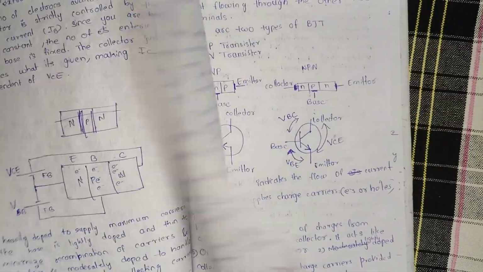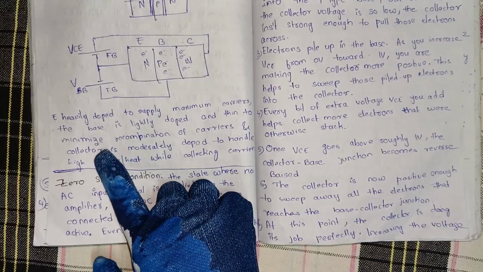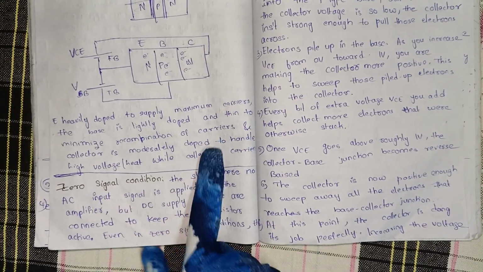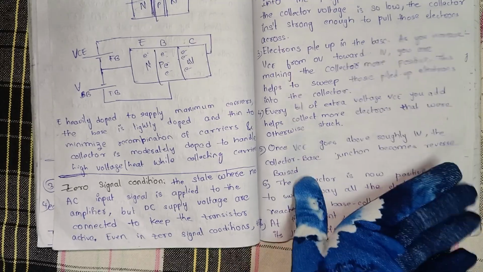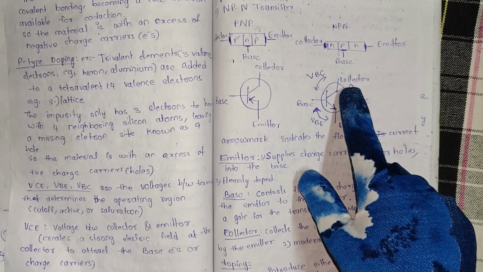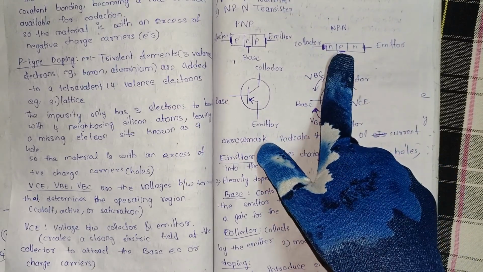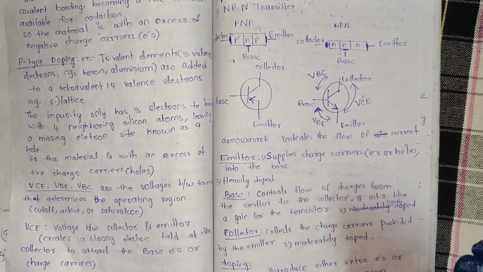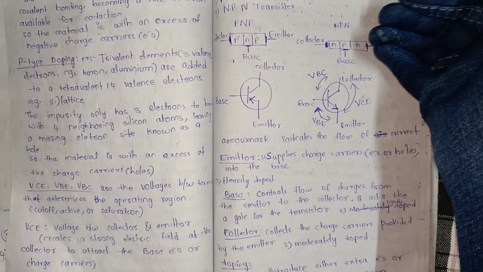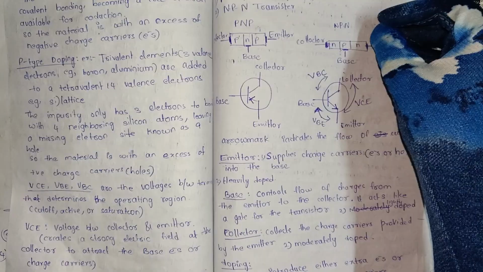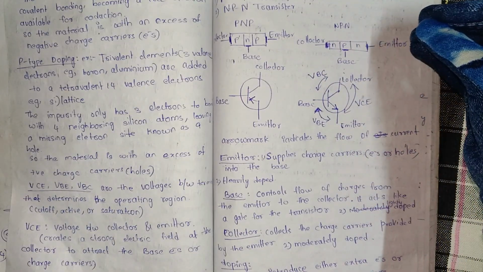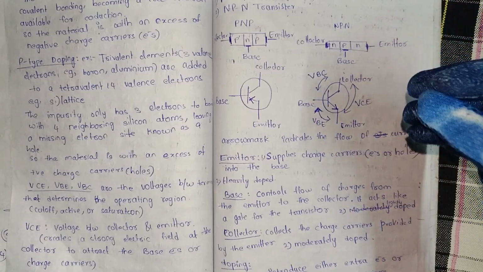Then the base is lightly doped and thin to minimize recombination of carriers. Here in NPN BJT, the base is the p-type material. Okay, and it is said that it is lightly doped and thin. Lightly doped means a smaller number of holes are added to the base.